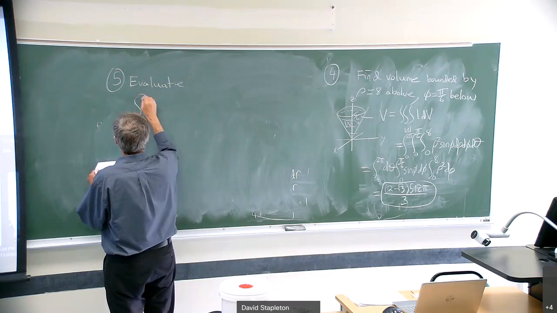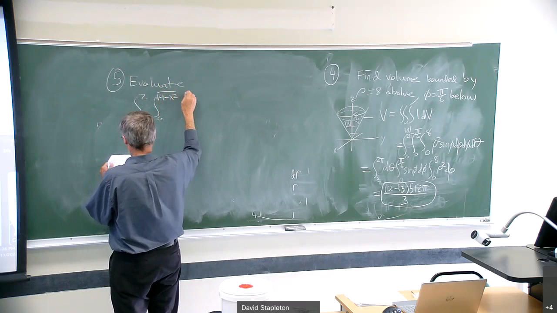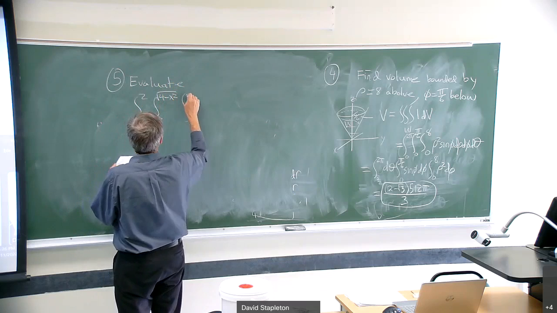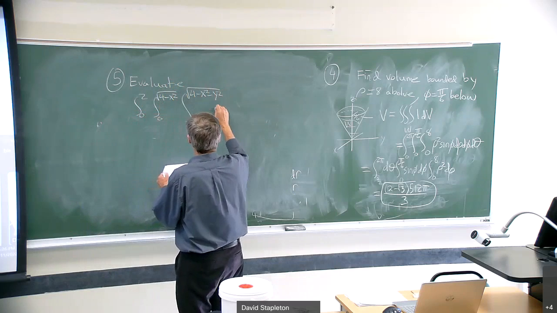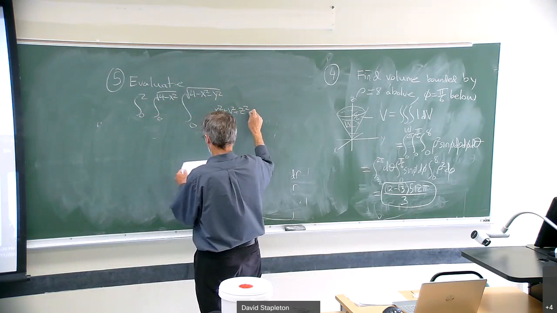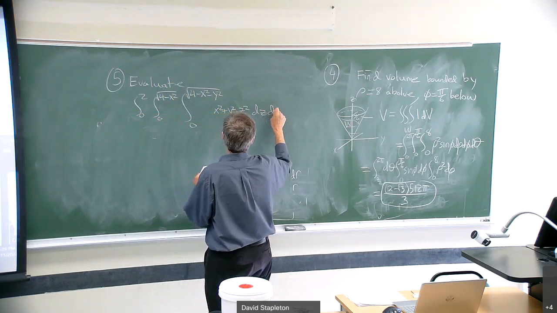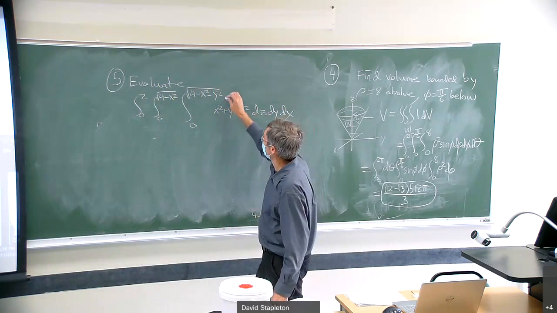Integral from 0 to 2, integral from 0 to square root 4 minus x squared, integral from 0 to square root 4 minus x squared minus y squared, x squared plus y squared plus z squared, dz dy dx. So you have to remember what these integration endpoints mean.